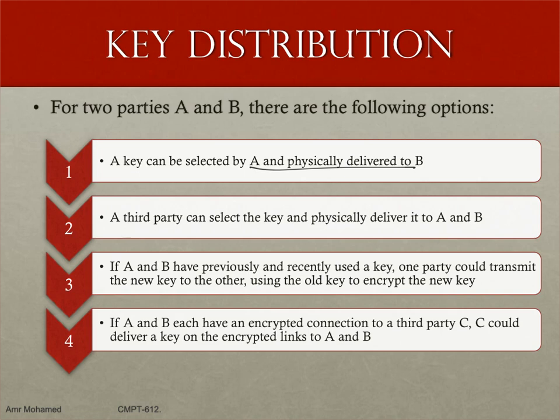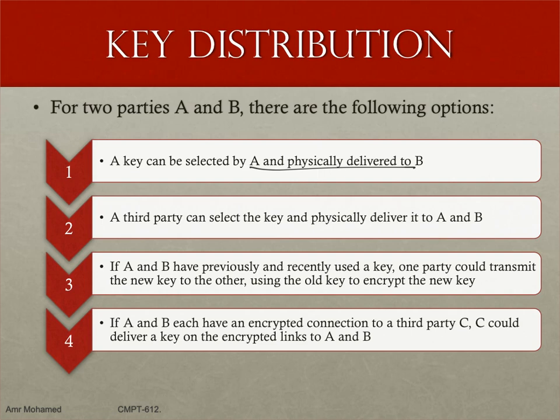So instead of A selecting the key and delivering it manually to B, one third party will create it, because this centralized party is responsible for generating the keys for everyone. And then manually, we can get this key in the form of a file or something like this, and we physically move it to A and B.